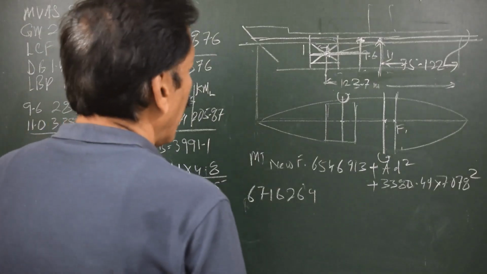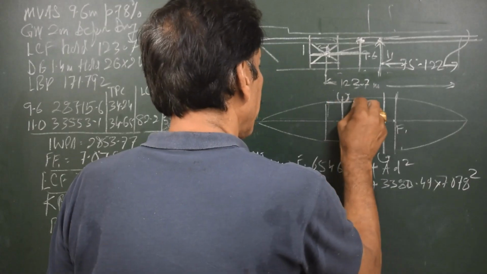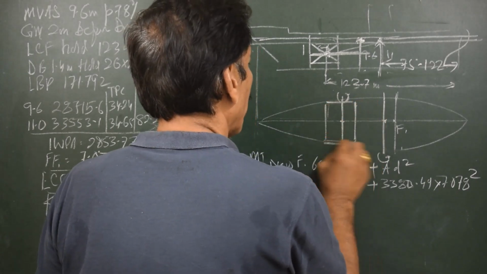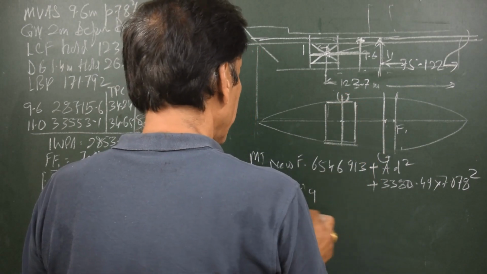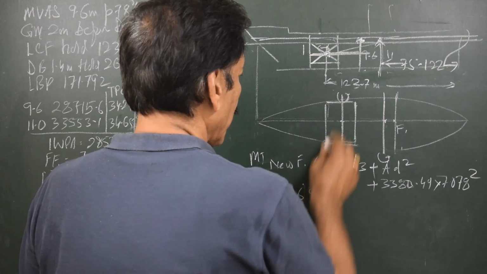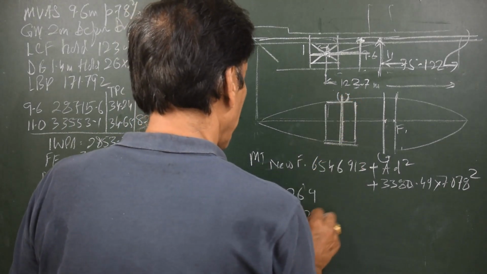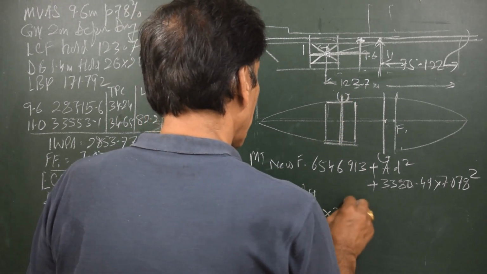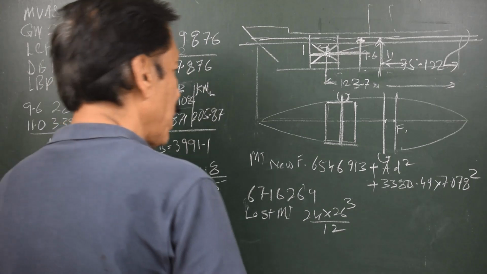And from here we need to minus the loss of moment of inertia because of the hold. So if we talk about the lost moment of inertia, the loss of moment of inertia about its own axis is 24 into 26 cube upon 12, assuming that the permeability is 1.